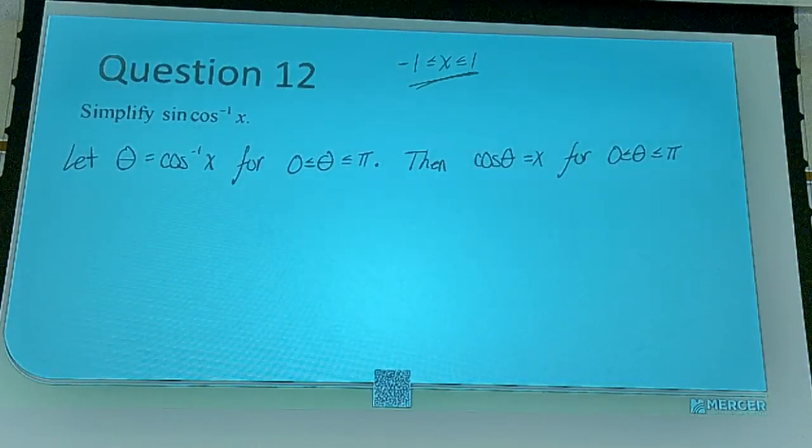Cosine of theta would be x, for theta between 0 and pi.